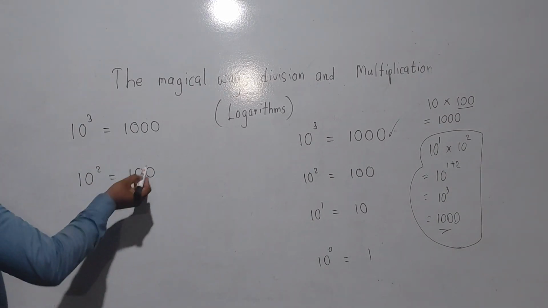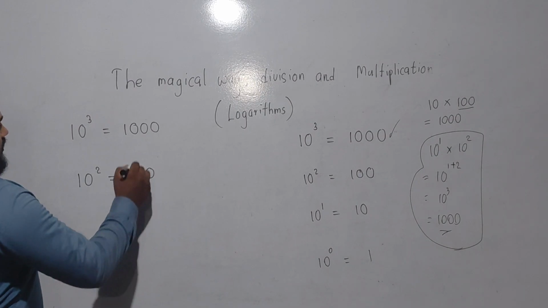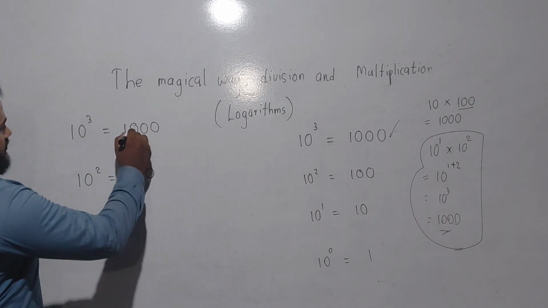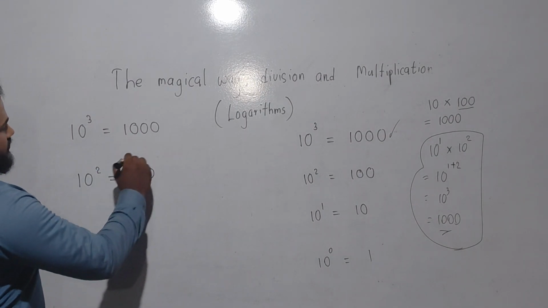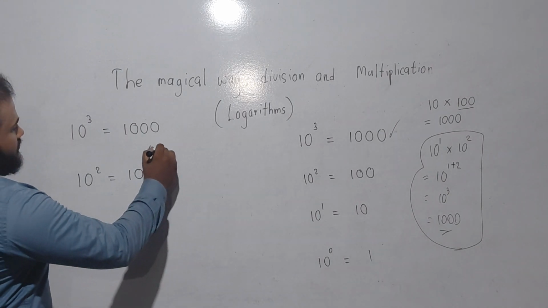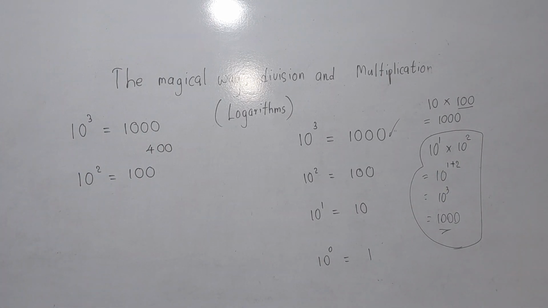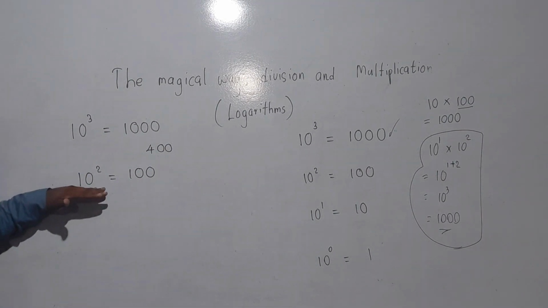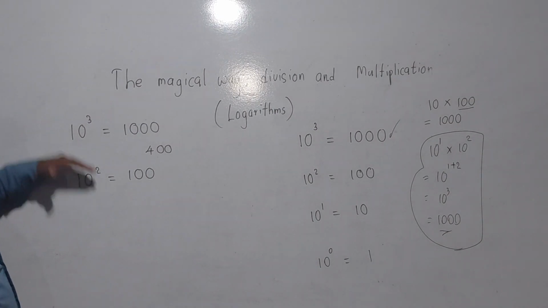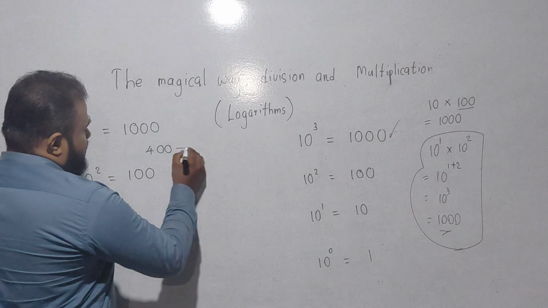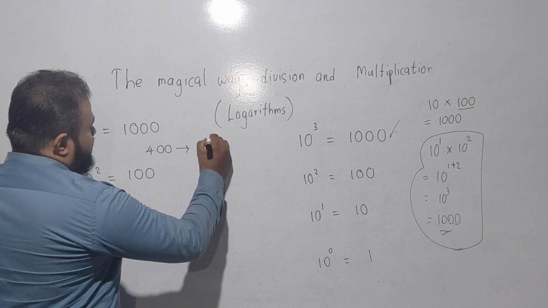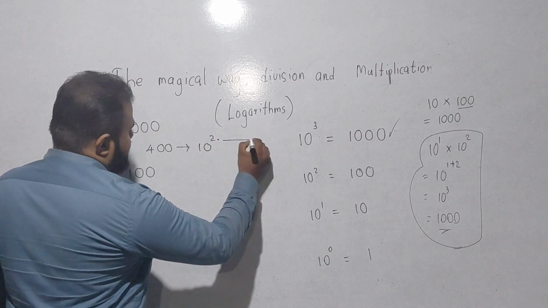So what would be the value of a number between 1000 and 100? Like 400. It should be greater than 10 to the power 2 and less than 10 to the power 3. So this 400's value should be 10 to the power 2 point something.